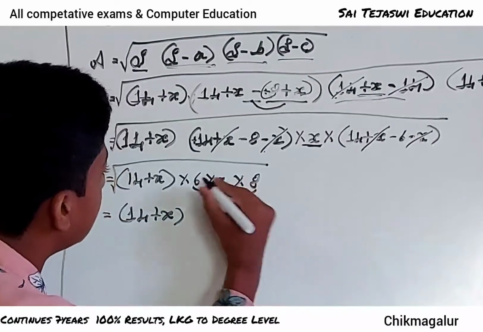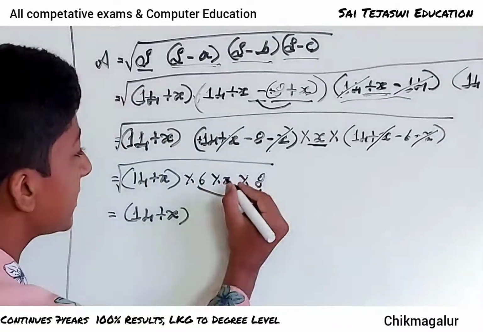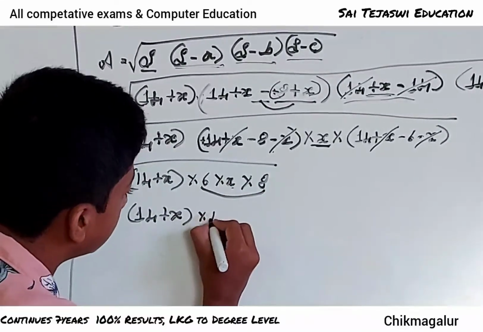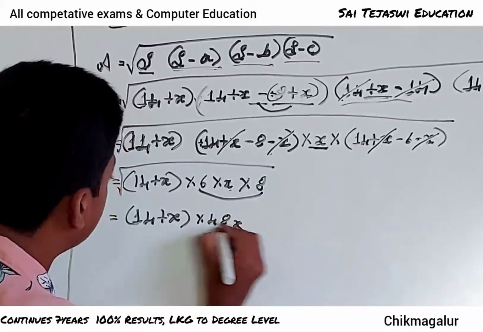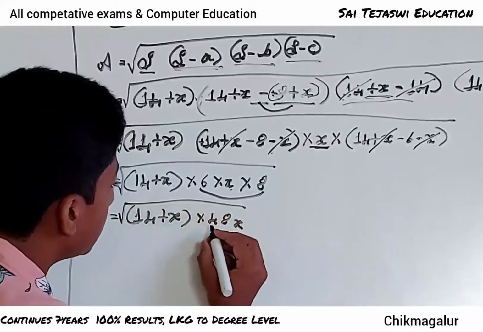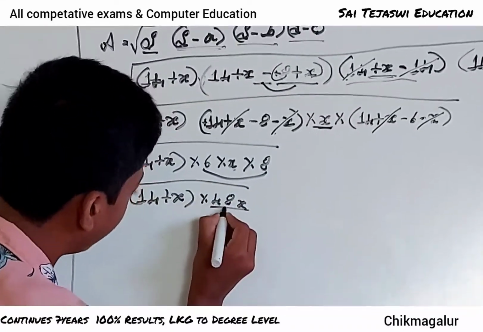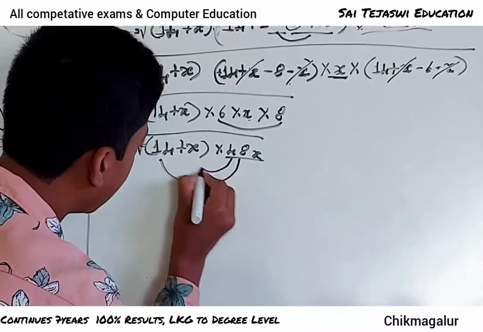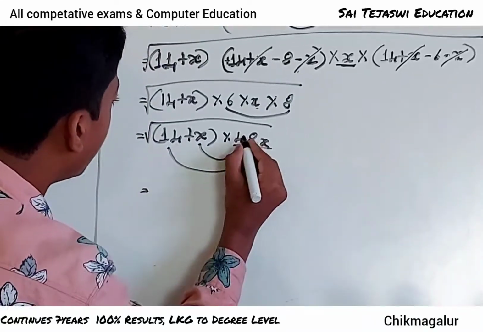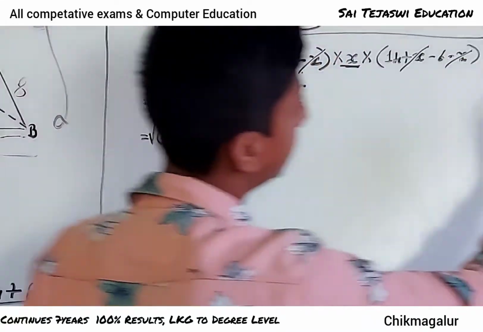We will consider this. 8 6s are 48. 48 into x is 48x. Again we should apply square root. So we will multiply this to this and even this, which is 48 into 14.